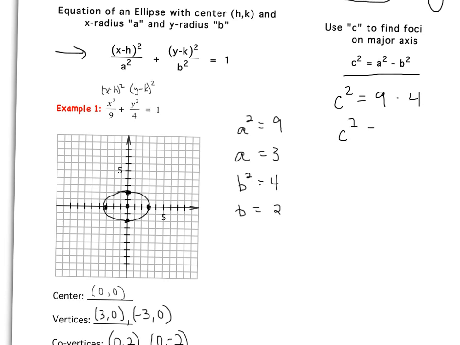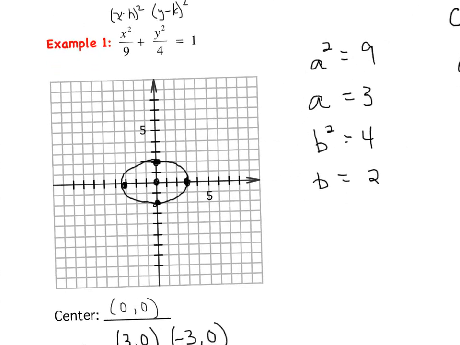So c squared equals 5. So c equals the square root of 5. Now that's the distance again from the center to our foci. So we approximate a little bit. Square root of 5 is just a little bit bigger than the square root of 4, which is 2. So on our graph, we make that a little bit bigger.